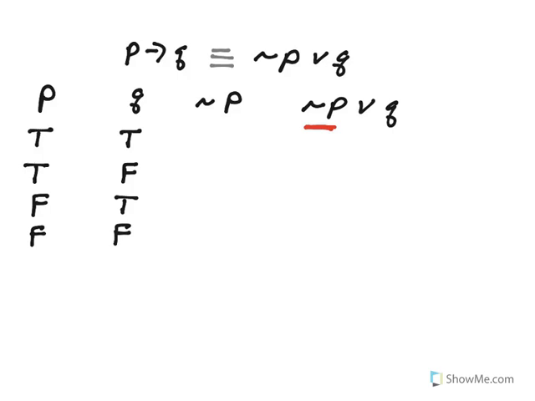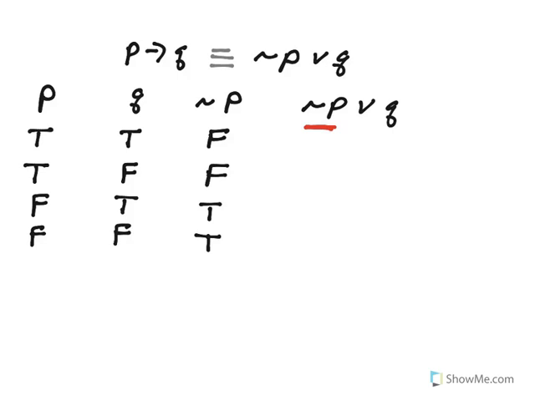Originally, my first P statement was true, so if I negate that, it should be false. My second P statement is also true, so I negate that, and it's false. My third P statement is false, so the negation of that is true. My fourth P statement is false, so my negation for that is also true.